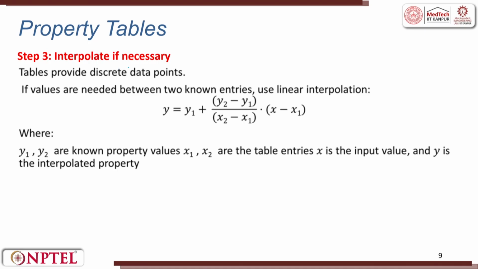Interpolate if necessary. See, if you have a y axis and an x axis and you have points like this, you try to have a straight line, something like this, and now you have an equation for this line. Now, if you want to find intermediate points, that is called interpolation. For example, y equal to 5x plus 3, you have found some equation. Now, you substitute at various x and get the values of y.